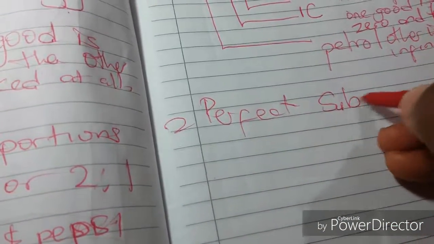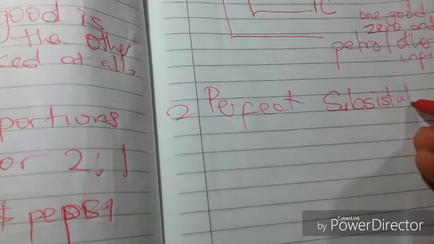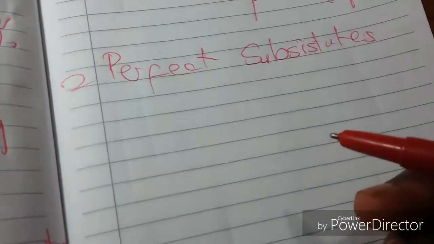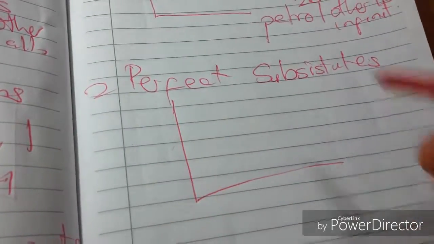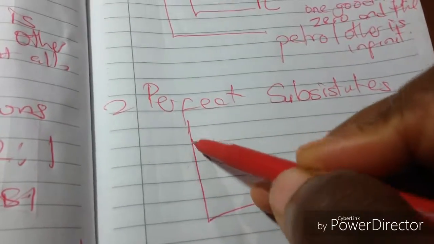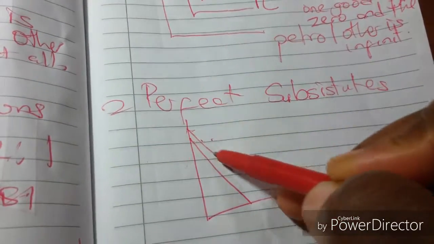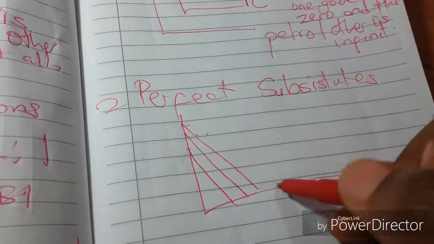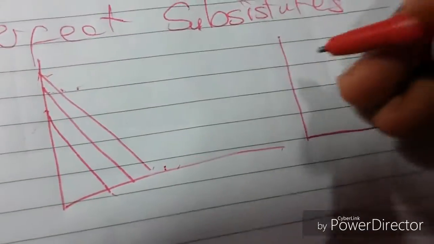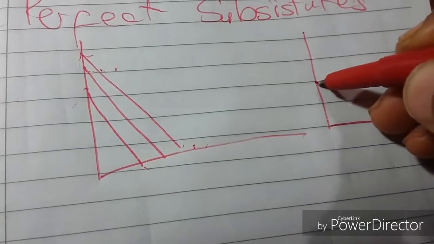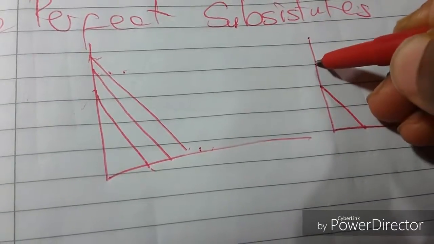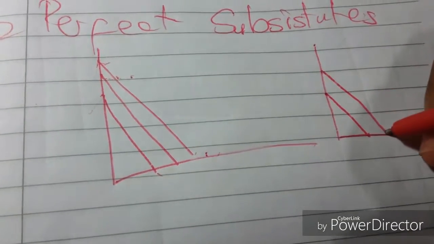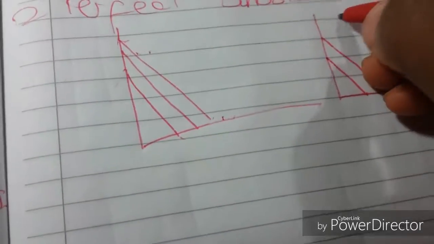Second, we're going to be talking about perfect substitutes. The shape of the indifference curve for perfect substitutes is this: a straight, diagonal, slanting line.